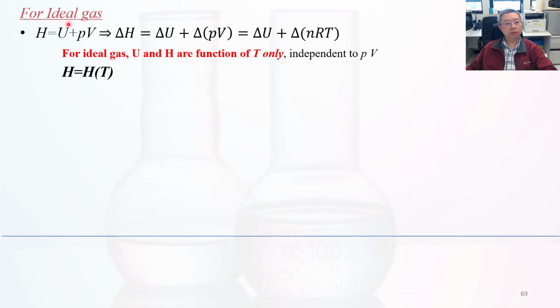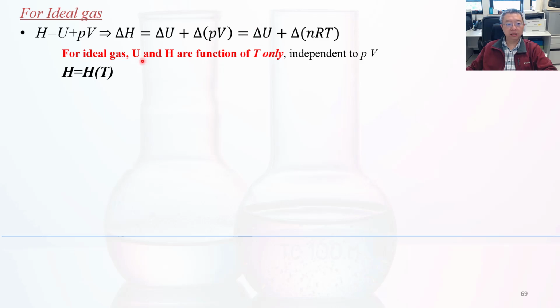All right, for perfect gas, H is equal to U plus PV. Because delta PV is equal to nRT, we have delta H equal to delta U plus delta of nRT.